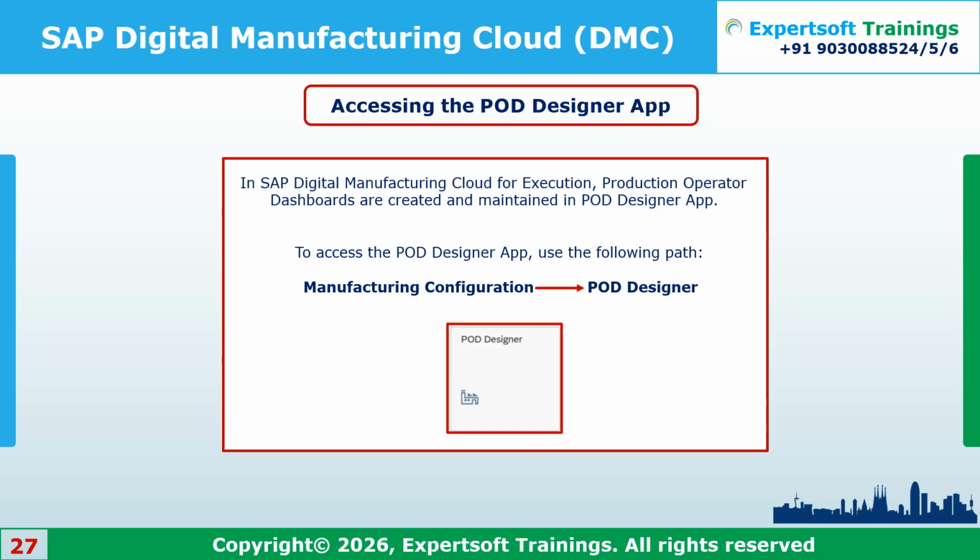In this app, we can add a custom or business-required screen from the execution point of view. We can design the pod as per our requirement in the Pod Designer app. I'll show more in the system, but just for your information, we can access this with Manufacturing Configuration and then the Pod Designer app.